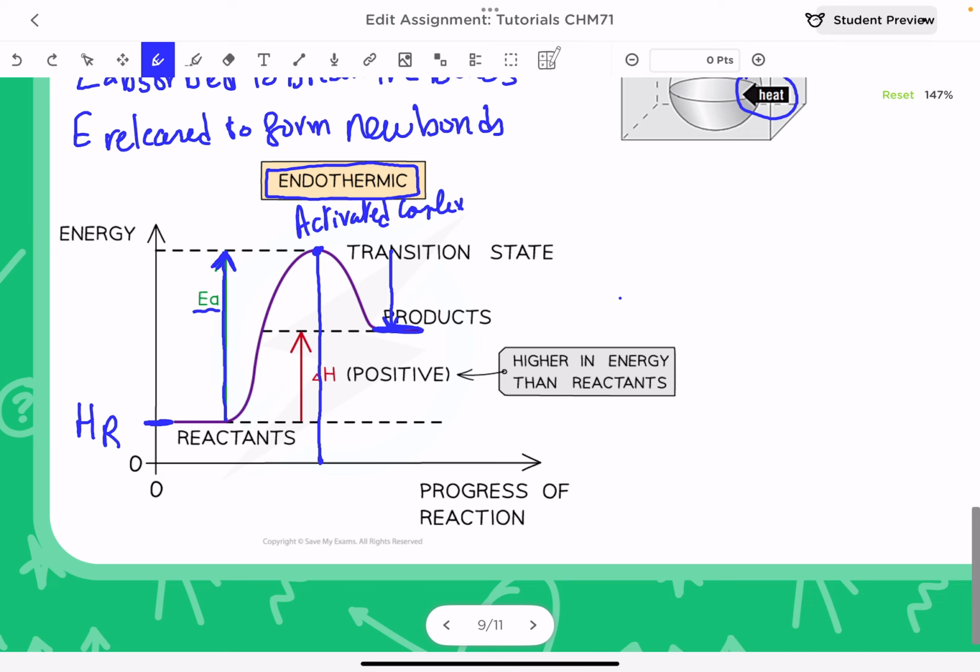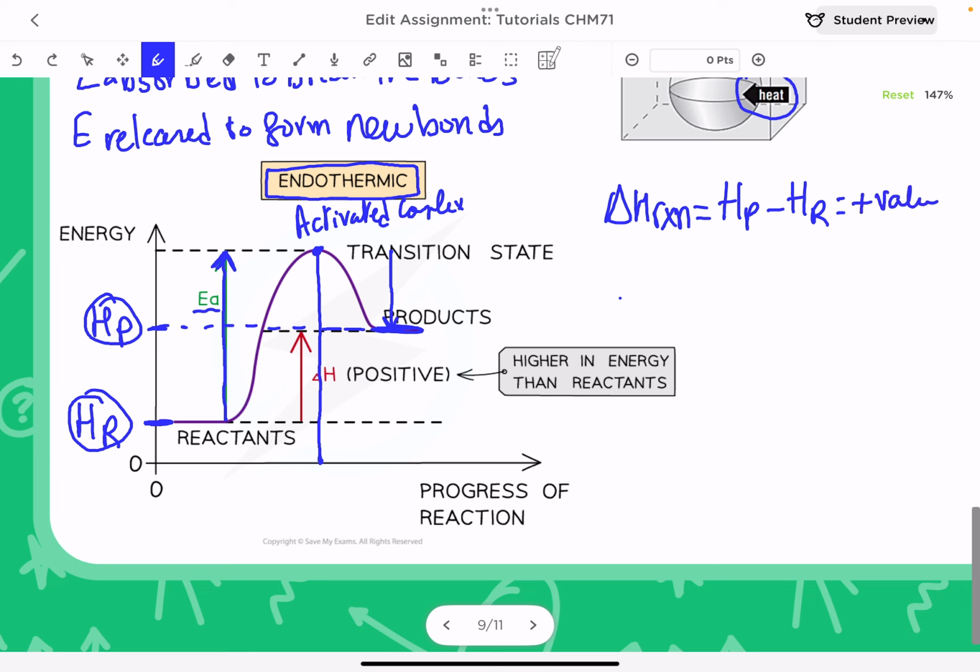So here are the products, and this is their enthalpy. Now, the difference between the enthalpy of products and enthalpy of reactants is called the enthalpy change of the reaction. Since the enthalpy of products is a higher number than the enthalpy of reactants, the answer is always a positive value.